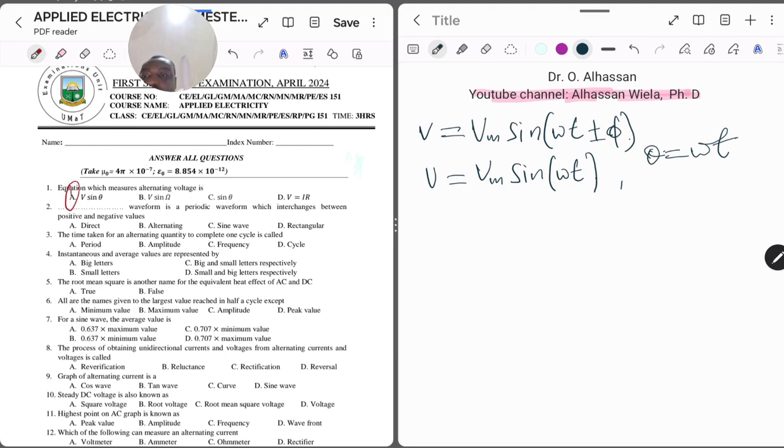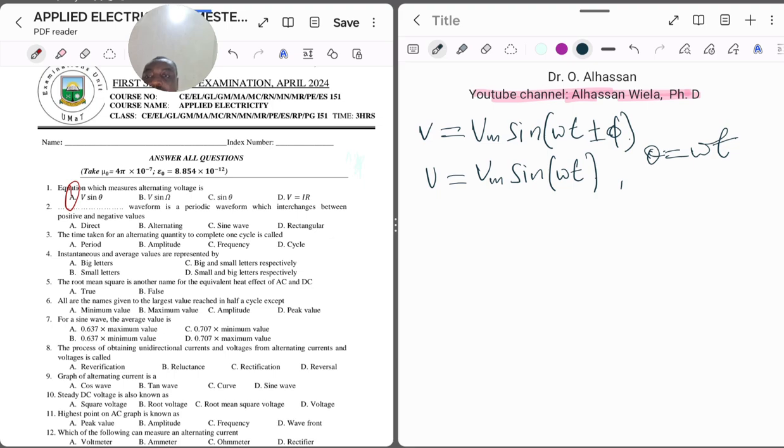Now, question 2. Dash waveform is a periodic waveform which interchanges between positive and negative values. So this is talking about definition, right? You can see A, we have direct, B, alternating, C, sine wave, and then D, rectangular.